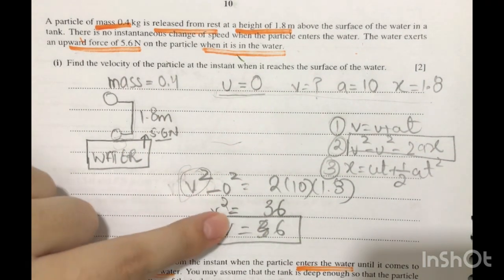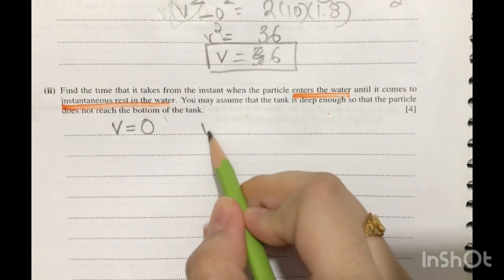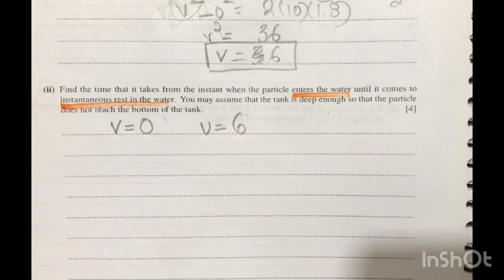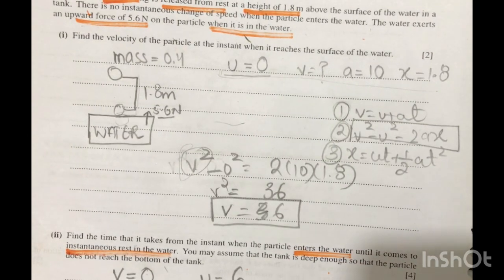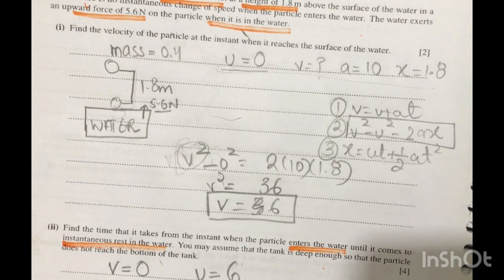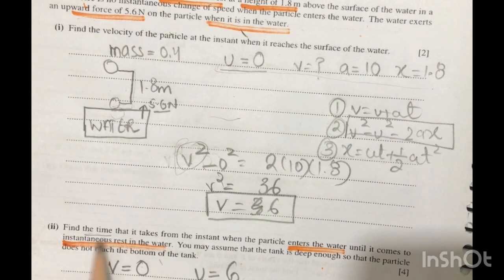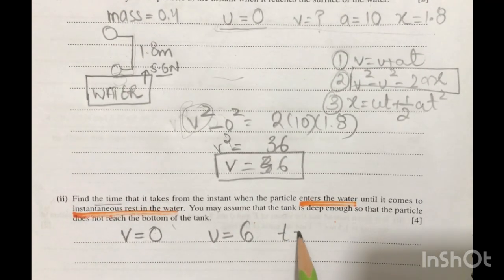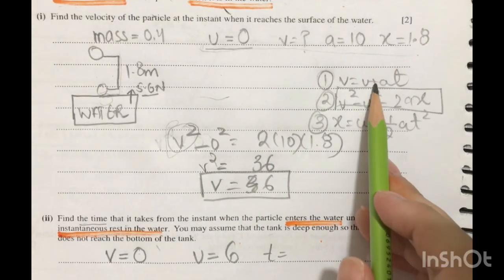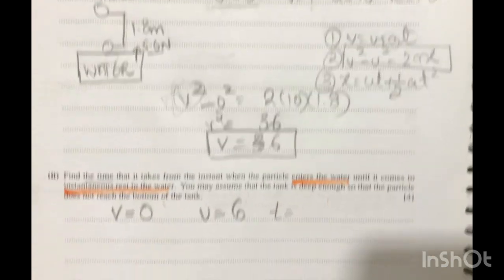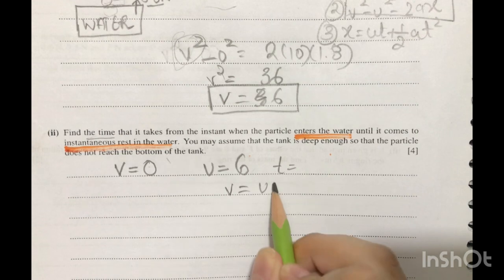So that means that this speed is the initial speed in this question. Now we can also use these formulas again in this part. So in this we have to find out the time. So the time is the missing variable. So we can use this formula if we have acceleration, which is V is equals to U plus AT.